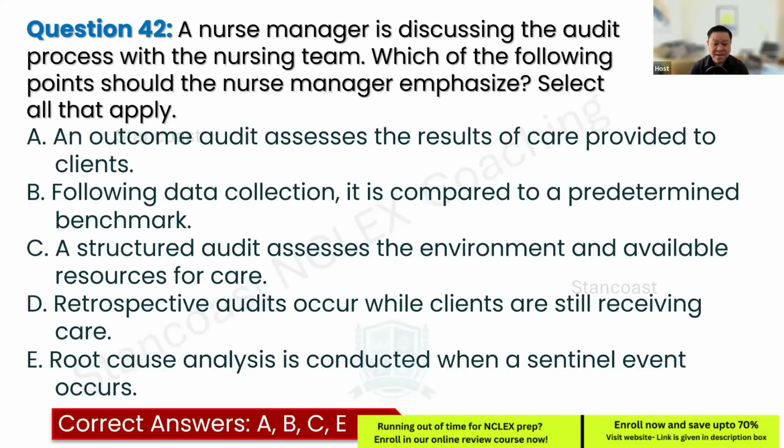And letter C, structured audits review the settings, equipment, and also personnel available, which will support optimal care delivery. And letter E, root cause analysis is also necessary for understanding serious events like sentinel events, which can help prevent similar issues.